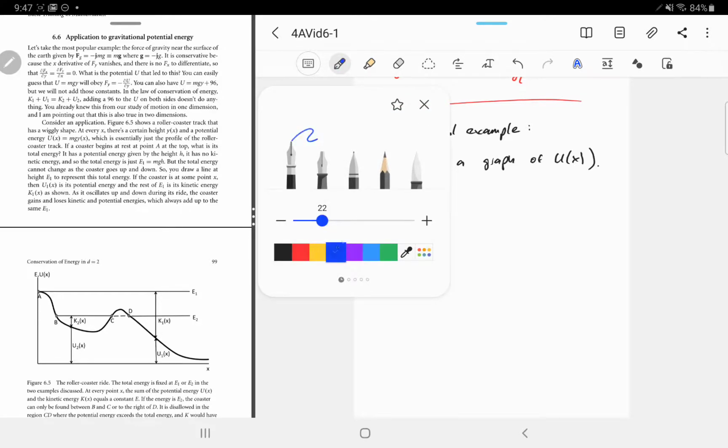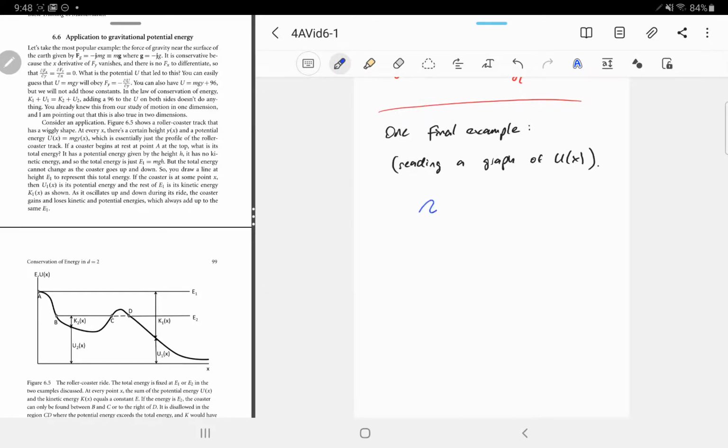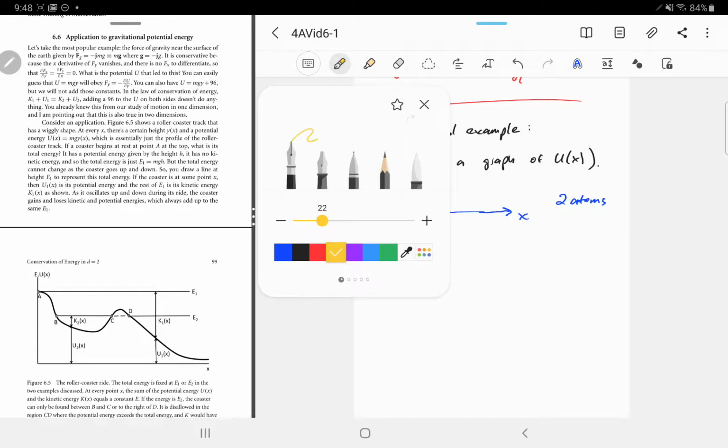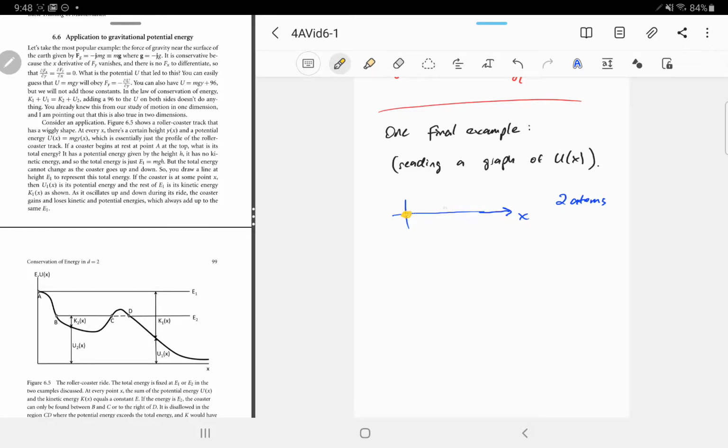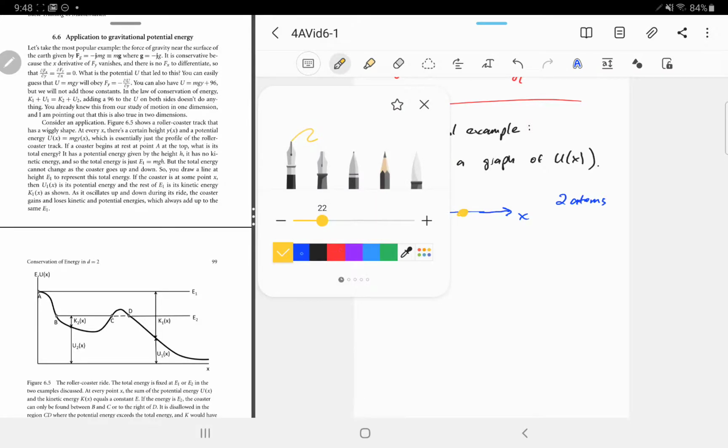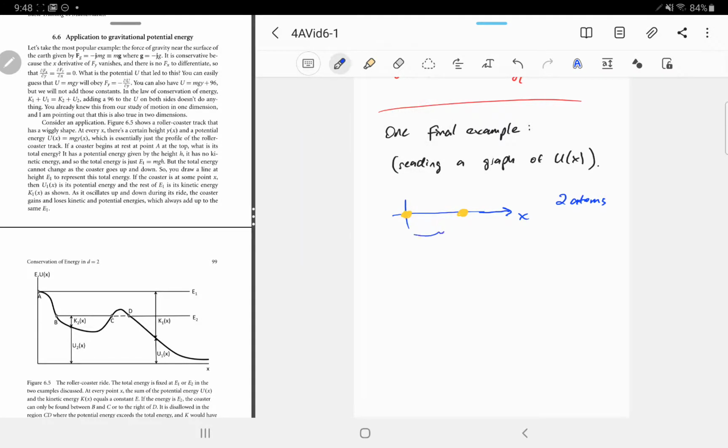So the example that we have in mind is we have two atoms. One of them will be at the origin, and the other one is at some position along the x-axis. So the point here is that the distance between the two atoms is x.